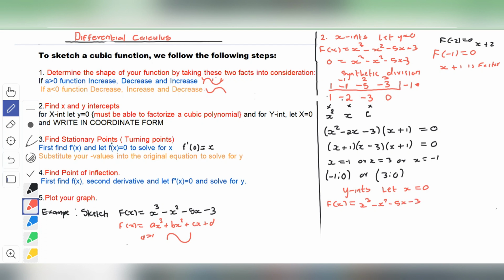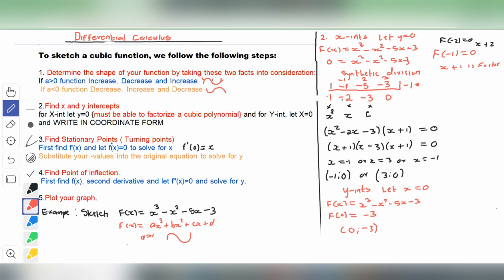And then we let x equal to 0, so meaning we're going to have 0, 0, 0, and then our answer is -3 here, right? Of x is equal to 0. So meaning the values we are going to have are 0 and -3, right?